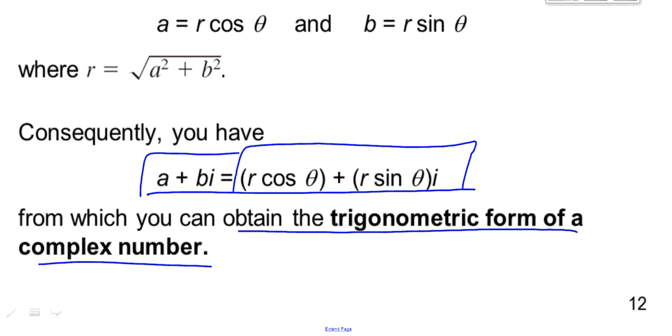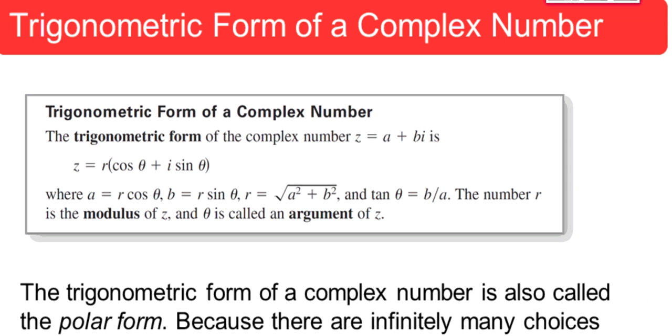Some things to kind of say about those, and this next slide kind of goes over some more things. So the trigonometric form of a complex number: if z is a plus bi, then z is also r (cosine theta plus i sine theta).